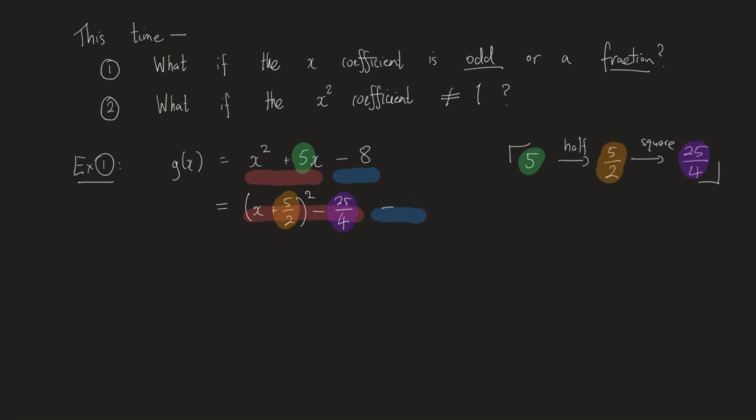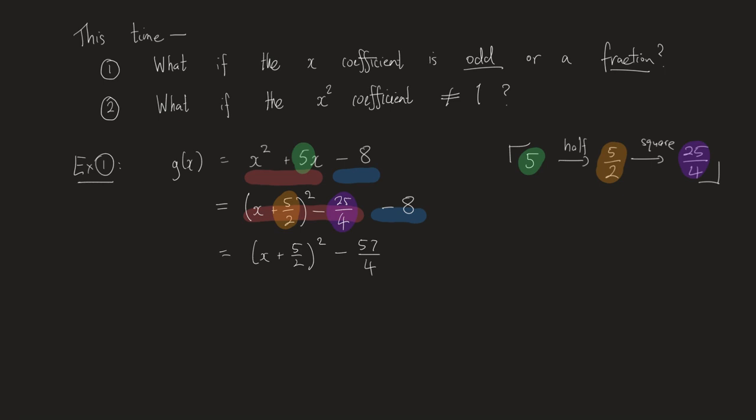And then I can't forget that 8 that I'm subtracting off either. So again, I'll tidy this up a little bit. I'll get x plus 5 over 2 all squared, and if I put those 2 constants over a common denominator, I'll subtract off 57 over 4. So you can see the process isn't all that different when we have an odd coefficient of x. It just forces us to introduce a denominator of 2 and work with some fractions.